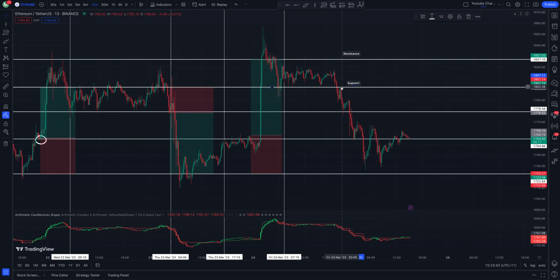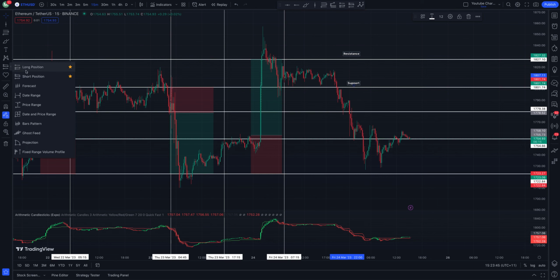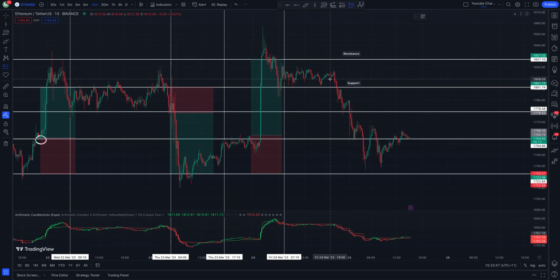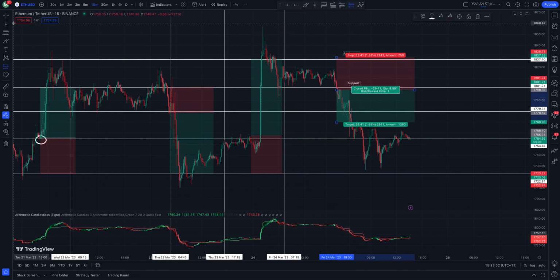It's absolutely incredible. Now what you're going to see is you're going to enter this short as we break through our support. So call it here. Put in a sell position here.